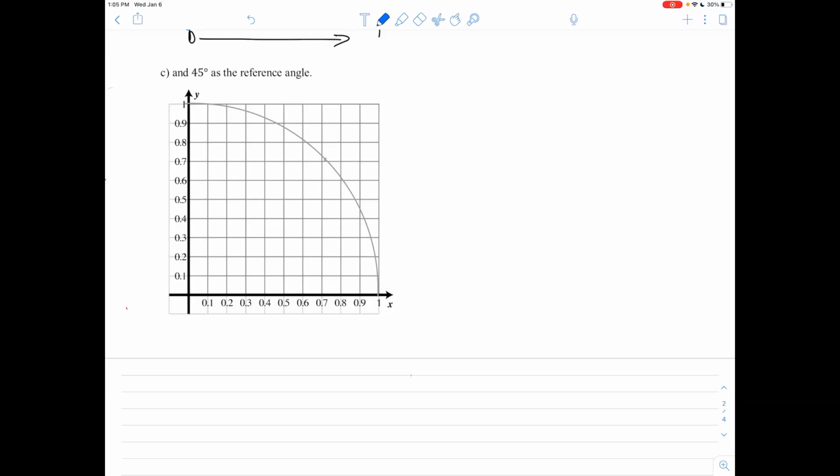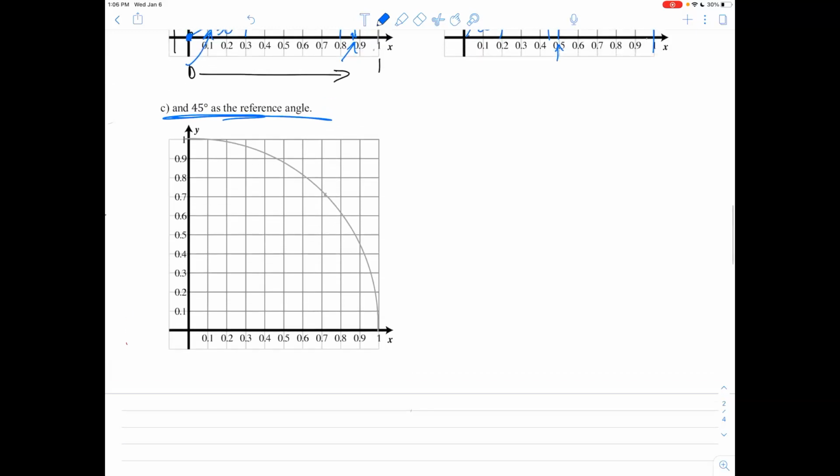Okay, the last one is the 45, 45, 90. That's our reference angle, and we want our hypotenuse to be 1, so again we have that circle there. A 45, 45, 90, if you recall, looks like that, where these two sides are the same measure. If the hypotenuse is 1, then the sides are the square root of 2 over 2, which is approximately 0.7071 or 0.71, which is right here and right here.